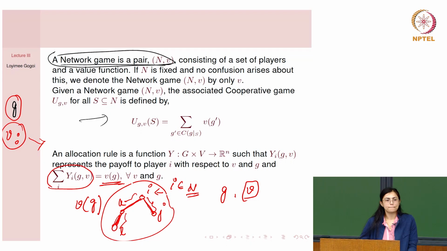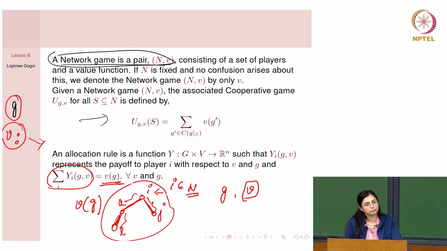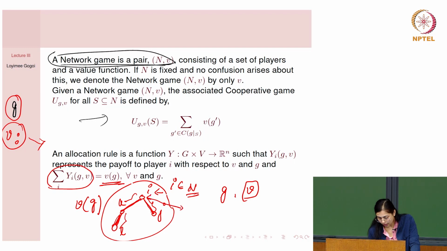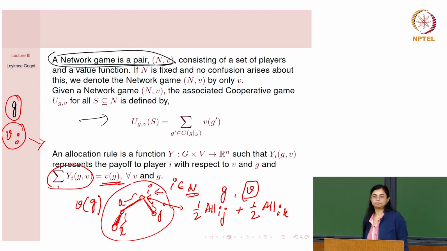For example, if we have provided the value to the edges in this small graph, then the value of I will be half the value of I-J plus half the value of I-K.